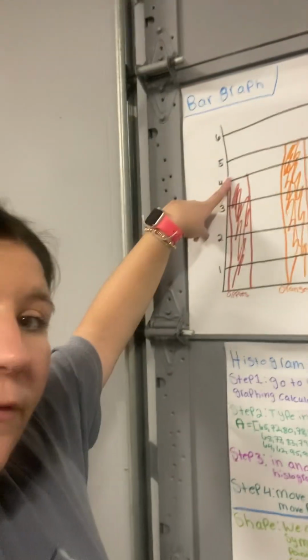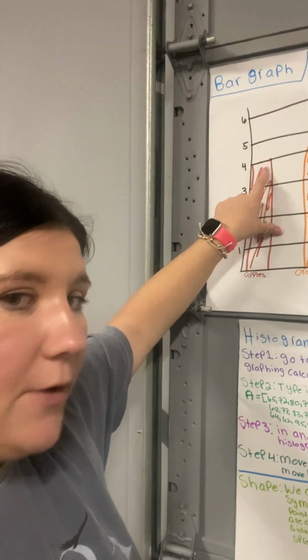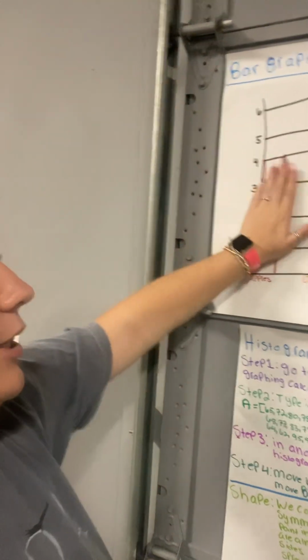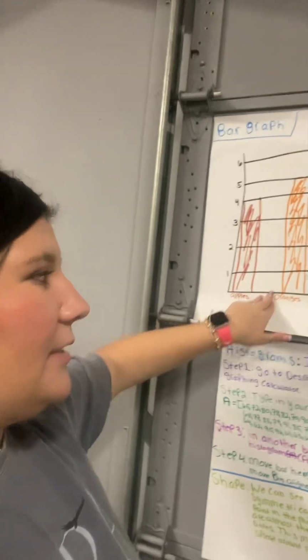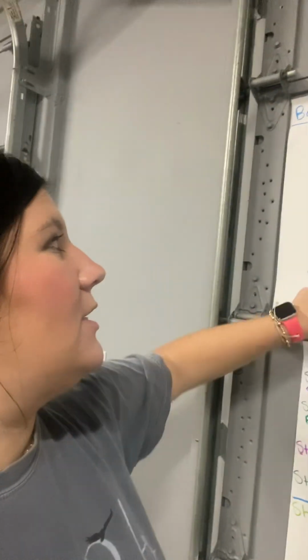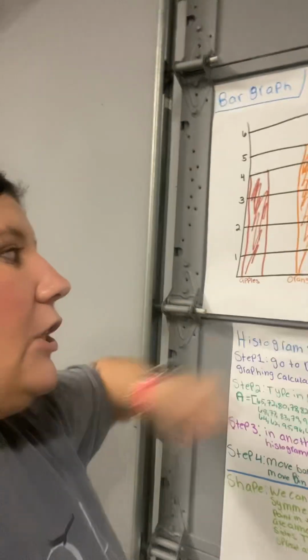So then we would talk about how there were 4 apples. We go up and find the number 4, and that's where the top of our bar goes. Then we draw that all the way back down, make a bar, and color it in. We would do the same for the oranges, where we had 5 oranges: we go up to 5, draw a bar and color it in.